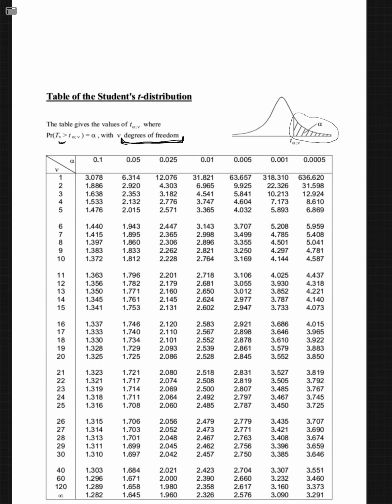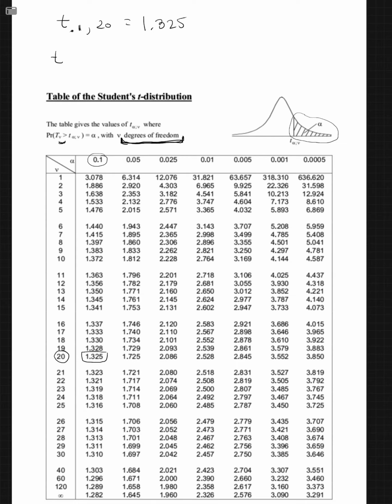Usually, well, we'll talk more about that when we're actually at problems where we're going to use it. But, for instance, if we wanted to find T sub 0.1, comma, 20, right, we're going to look at this column and this row, and we're going to get this number.